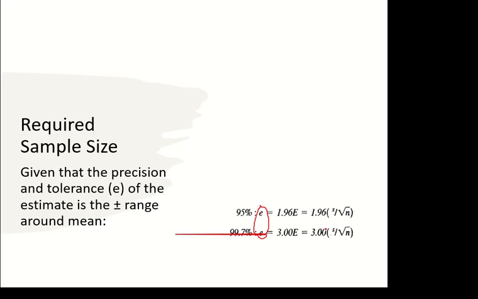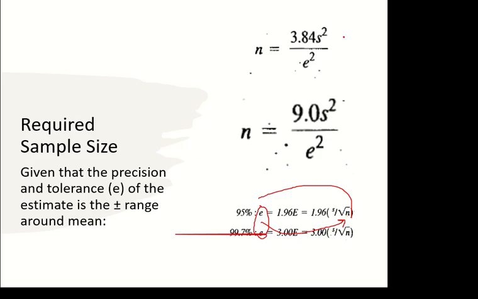Small e equals 1.96 s upon root of n. I will take n on this side and the rest on the other side, and I have to remove the root as well. Once I do this, I get these equations. When you remove the root, everything becomes a square, so 1.96 squared is this thing.